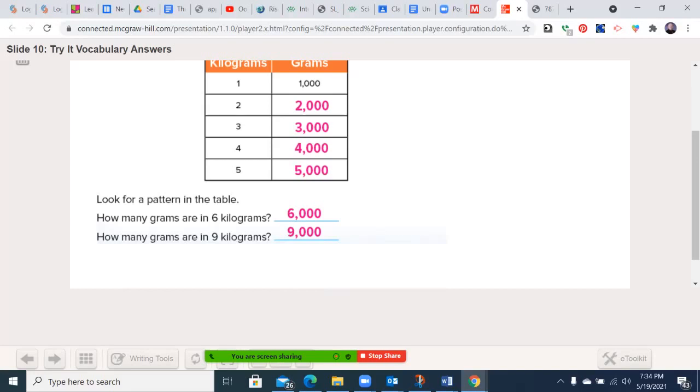A gram is the kilograms times 1,000. We're adding 3 zeros. So in 6 kilograms, we would have 6,000 grams. 9 kilograms, 9,000 grams. 110 kilograms, 110,000 grams. Go ahead and write this in before we move forward.